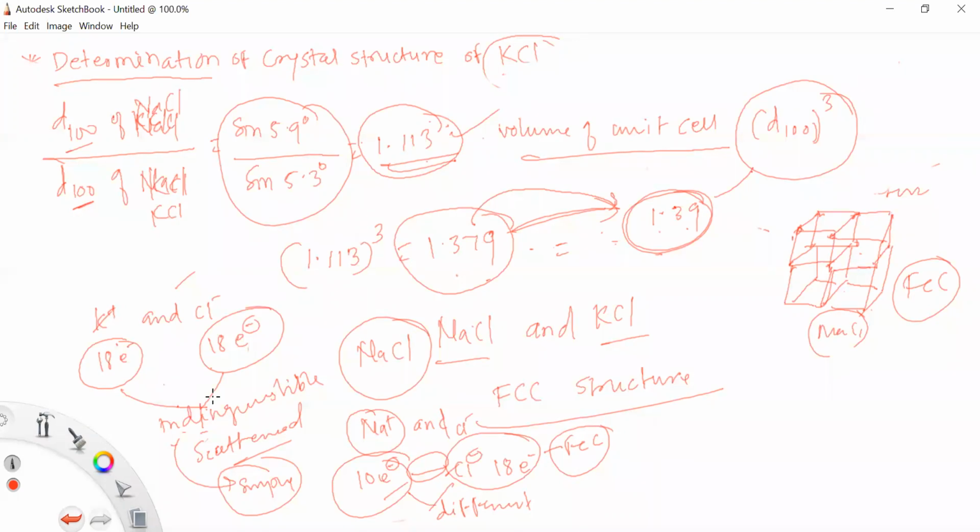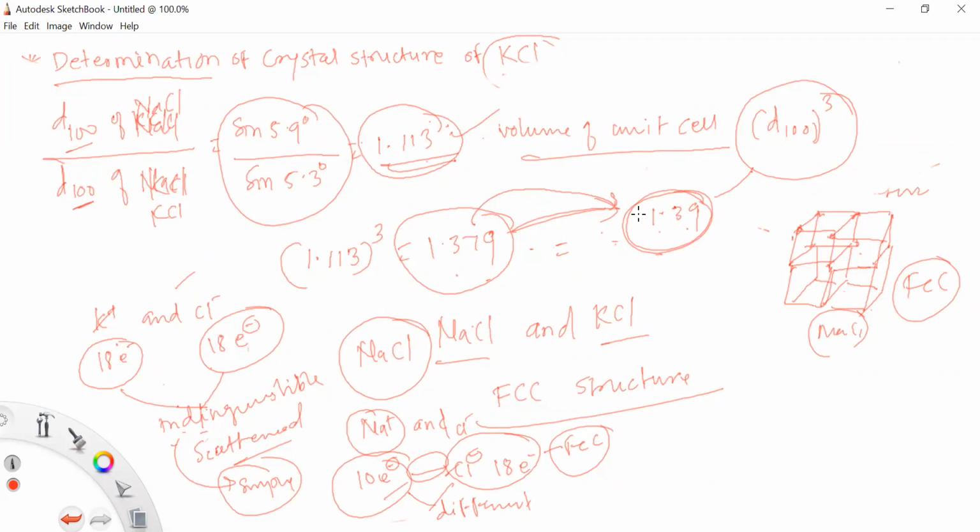It is in good agreement with the experimentally calculated molecular ratio value, which is 1.39. So this is a good agreement, and therefore we can say that NaCl and KCl have the FCC, or face centered cubic, structure. This is the reason.